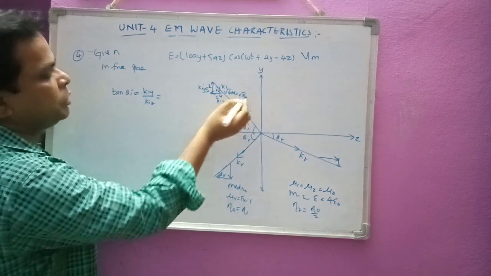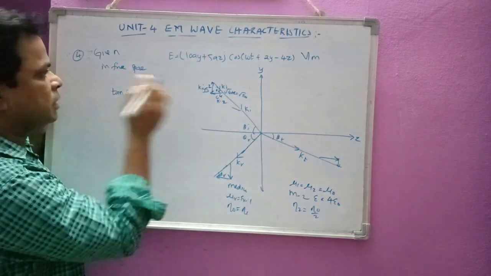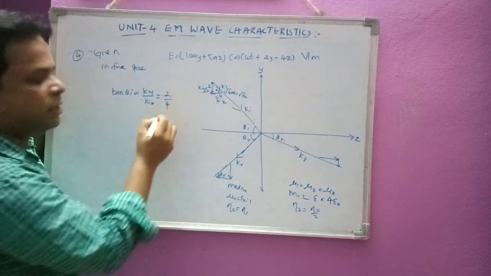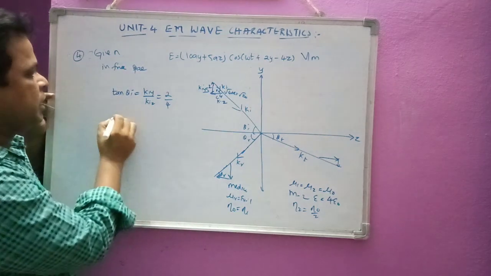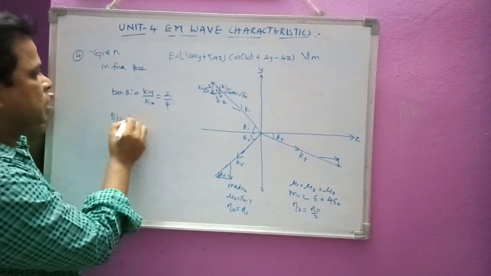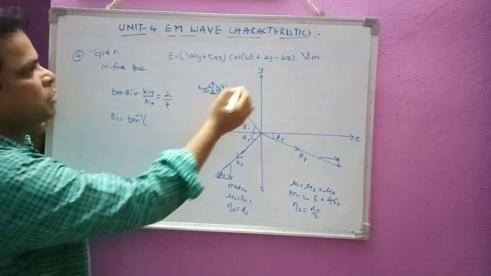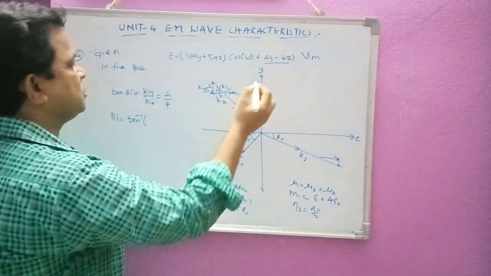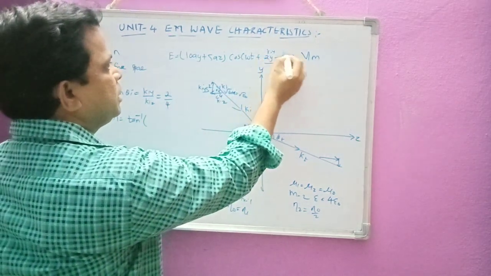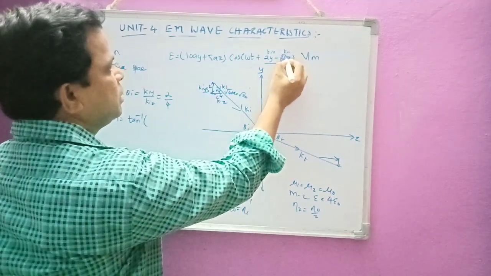So I can write theta I is equal to tan inverse of 2 by 4. These are the directions he has given, that is kiy and kiz.